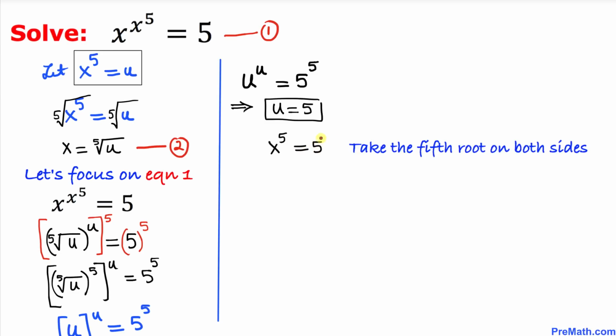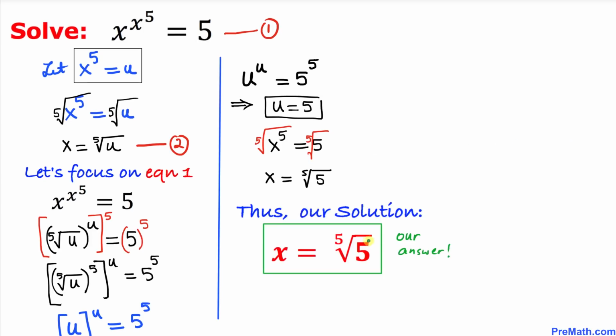Now let's take the fifth root on both sides. So the fifth root on this side and the fifth root on this side. The left hand side is going to simply give us x equal to the fifth root of 5. So our solution turns out to be the fifth root of 5, and that's our final answer.